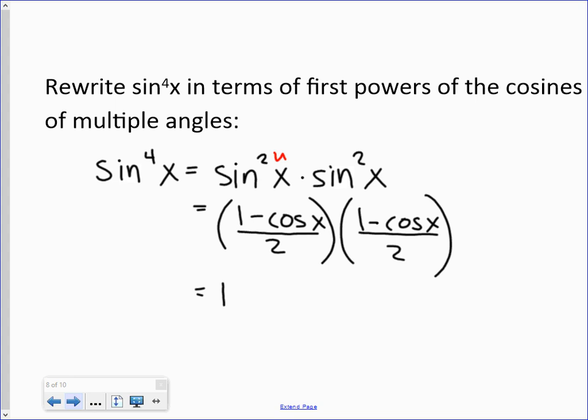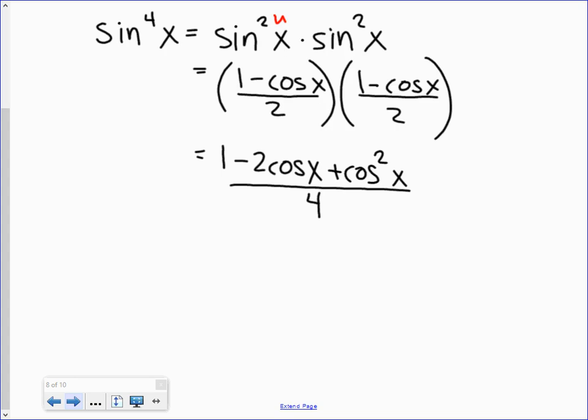Negative cosine x, negative cosine x. Negative 2 cosine x. And then a negative cosine x times a negative cosine x. Positive cosine squared x. All over 4.